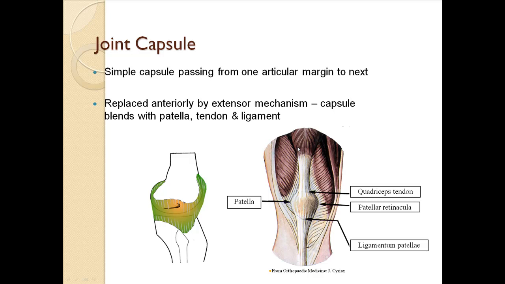The anterior aspect of the capsule is replaced by this structure here, the extensor mechanism, and the extensor mechanism includes the patella, the tendon of the quadriceps, the ligamentum patellae here, and the small expansions of the patella tendon itself, the patellar retinacula. The capsule blends into this structure, so the knee is still a sealed unit, but the true capsule only exists medially, laterally, and posteriorly.